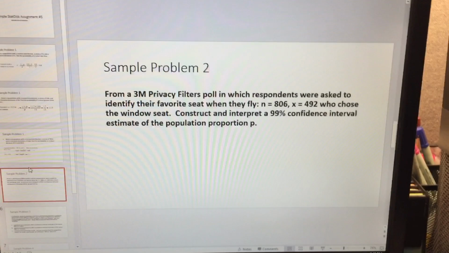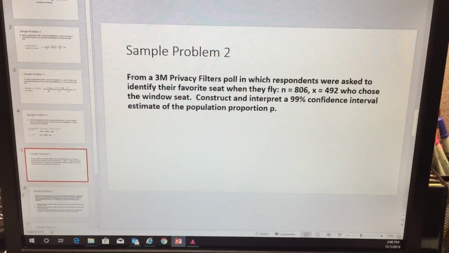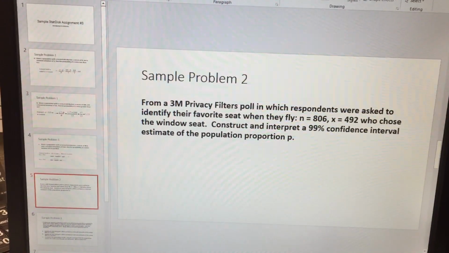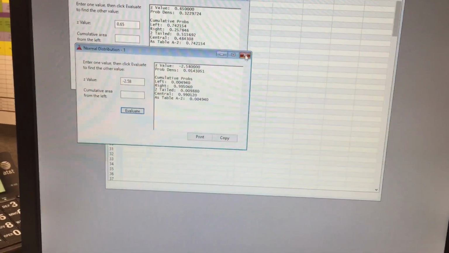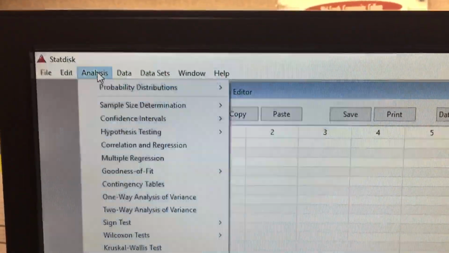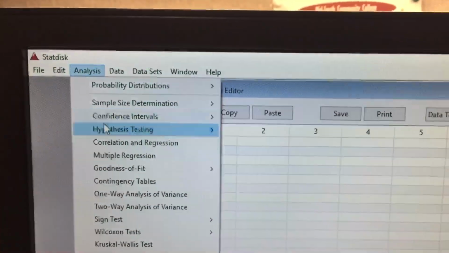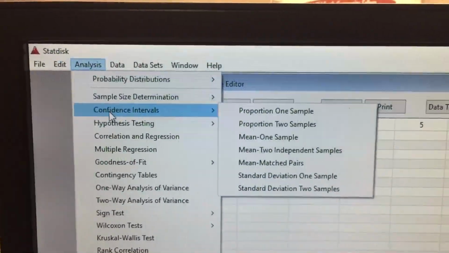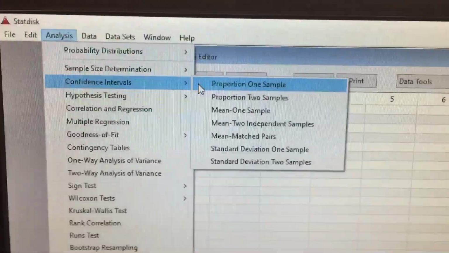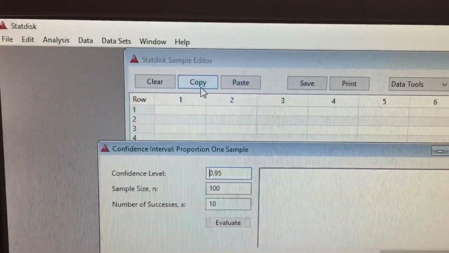Okay, so here we're doing a confidence interval estimate. So I'm going to X out of these. Now, what we're going to select is Analysis, going back to StatDisk. We're going to go to Confidence Interval underneath Analysis. What we're going to select here is Proportion 1 Sample.